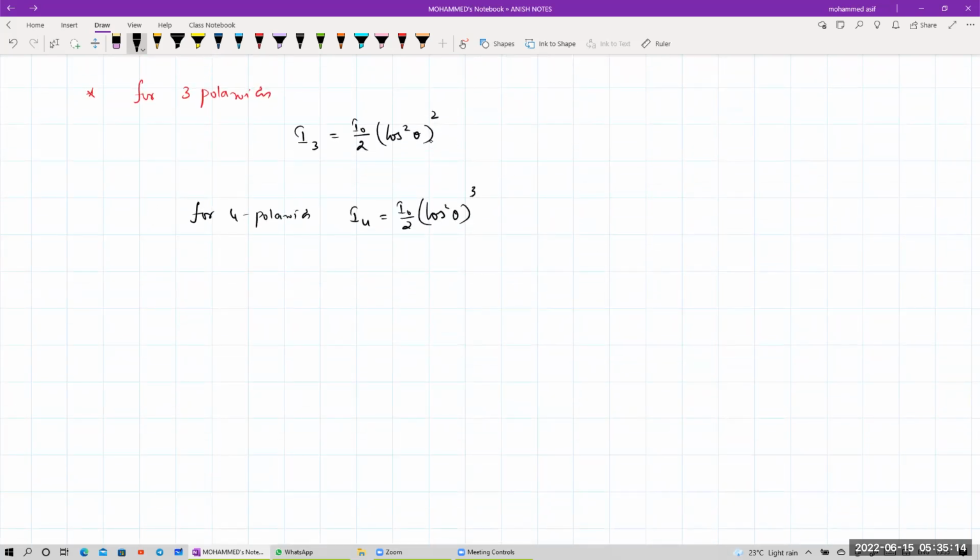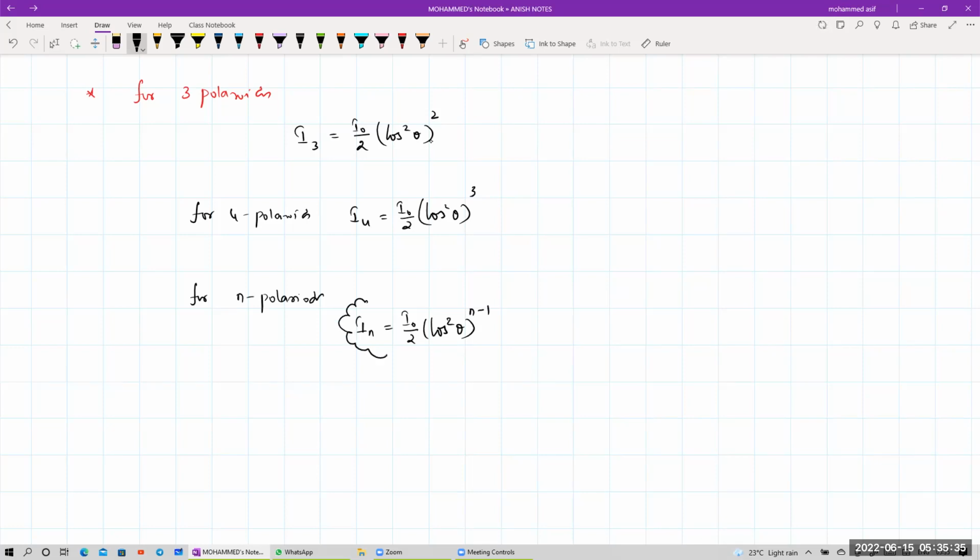Like this, for n polarizers, what can I write? For n polarizers, the formula is In equals I0 by 2 into cos square theta to the power of n minus 1.